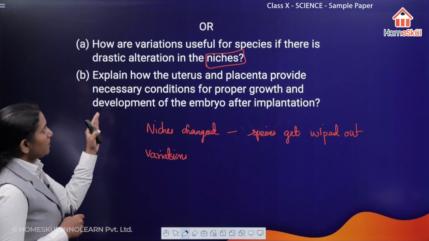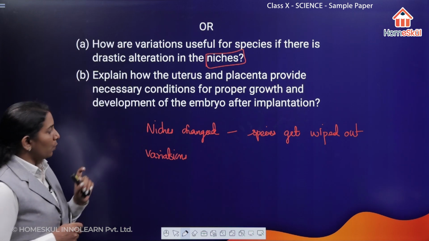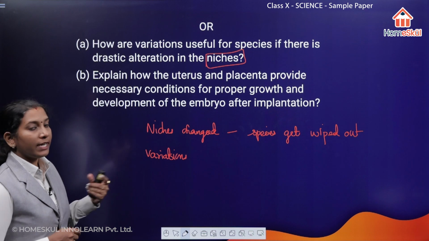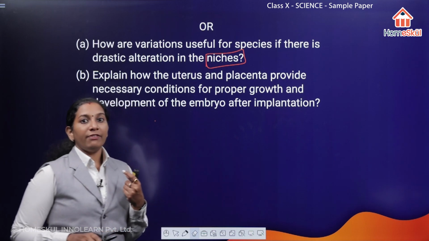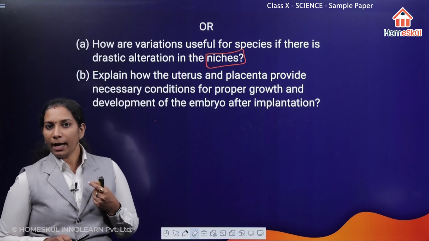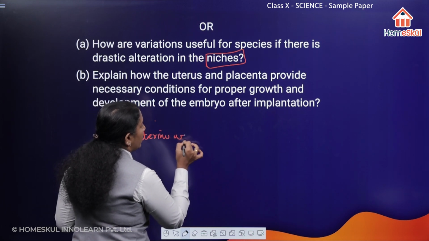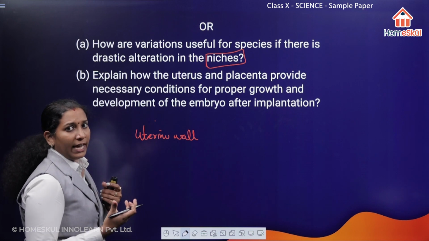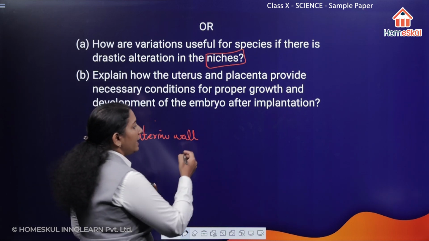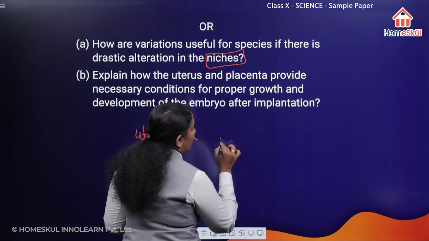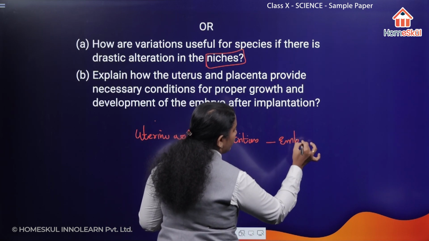Then in B, explain how the uterus and placenta provide necessary conditions for the proper growth and development of the embryo after implantation. You know that the uterus and placenta are very important for giving nutrition to the developing embryo. The uterine wall gets very much thickened and is richly supplied with blood vessels, and they provide nutrition to the growing embryo.